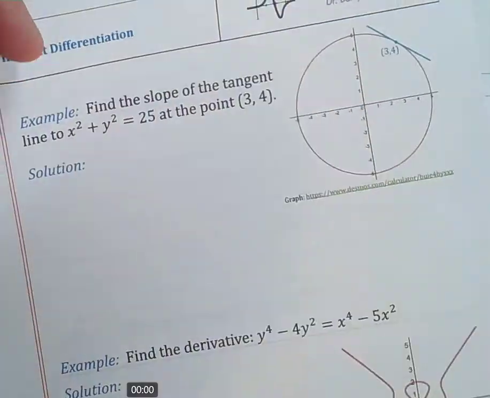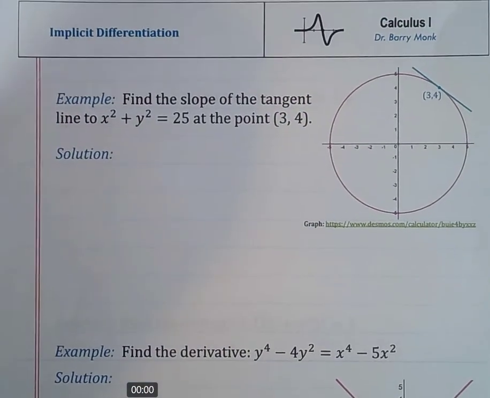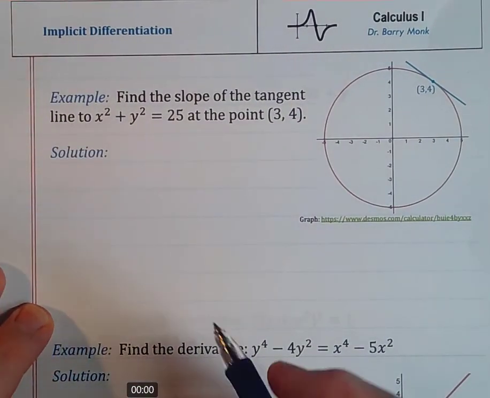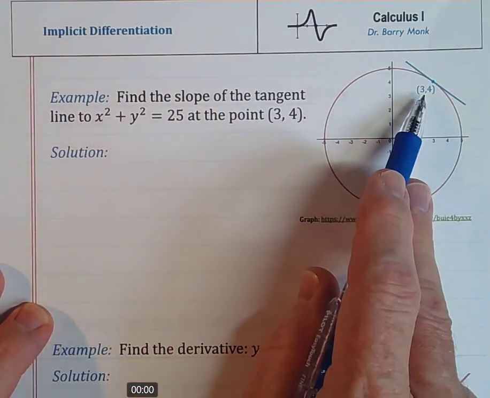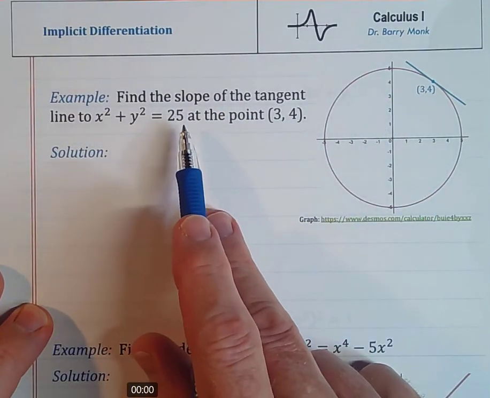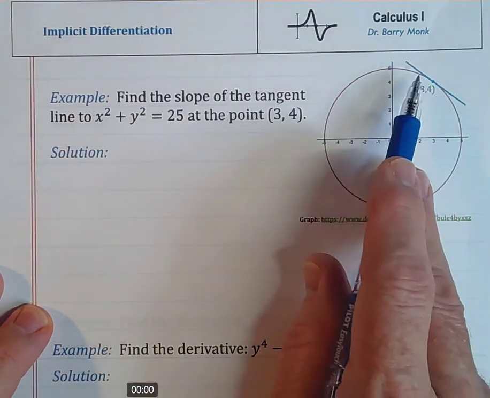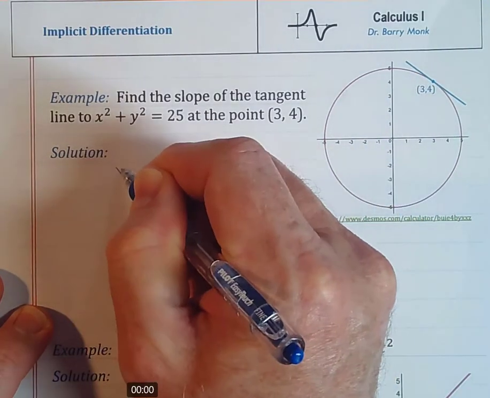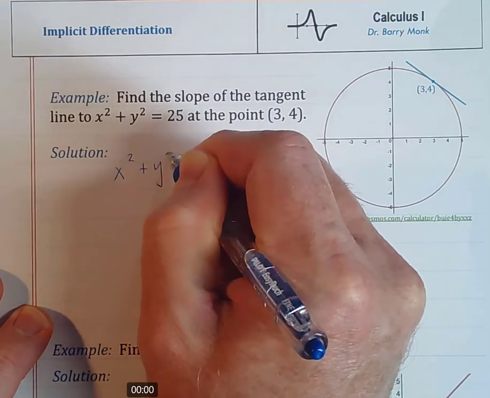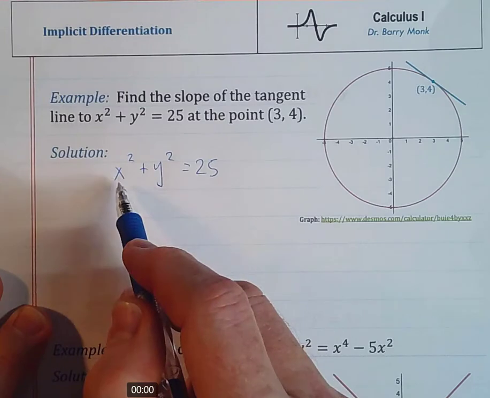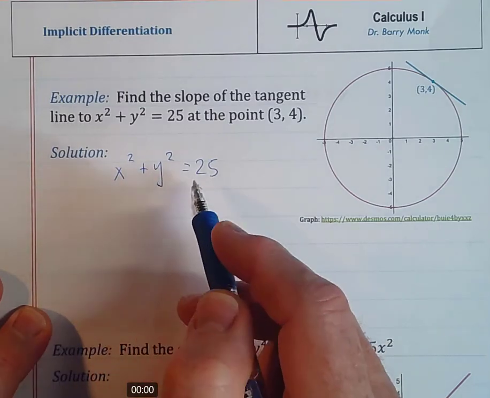Okay, so I know I just did that, but let's sort of work our way through that problem one more time, just sort of see it all come together. I want to find the slope of the tangent line to x squared plus y squared equals 25 at the point 3, 4. I want the slope of that tangent line. So I start with x squared plus y squared equals 25. I'm going to take the derivative of everything here with respect to x.